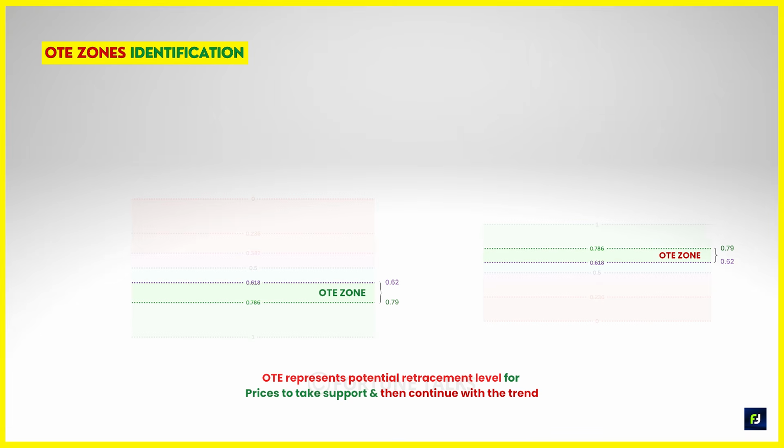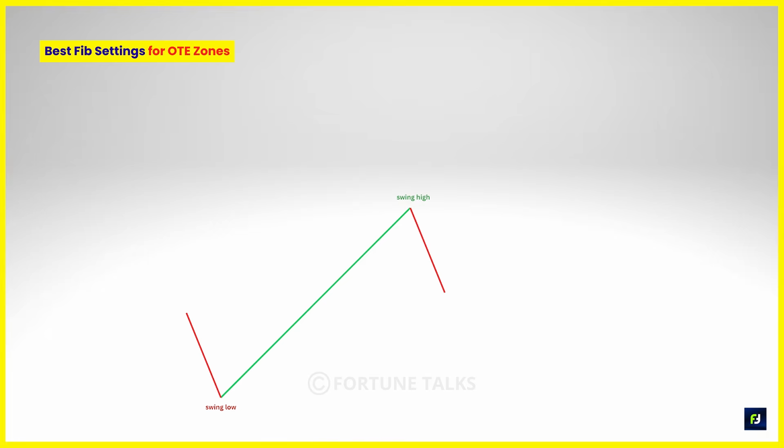The optimal trade entry zone uses different levels of the Fibonacci retracement tool. For an ideal OTE setup, I suggest you edit your default fib levels according to the settings I am about to tell you. So, fib 1 level would be the starting position of the swing leg. Fib 0.5 would be the equilibrium level that separates the premium and discount zones.